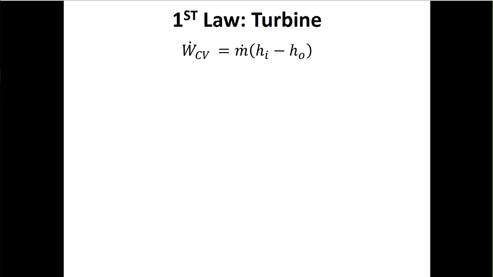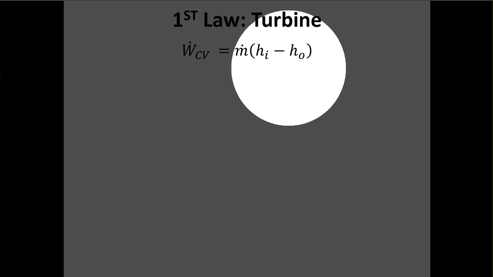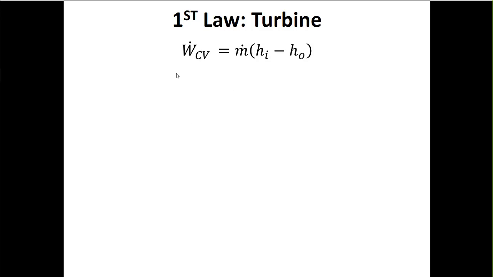So the first law analysis for the turbine tells us that the power produced by that turbine is m dot times h in minus h out, right? And remember, this is kind of what we expect, that at least the enthalpy term in a turbine will come out as h in minus h out, because we're trying to find work. And with a turbine, we expect this to be positive because the turbine is producing power.